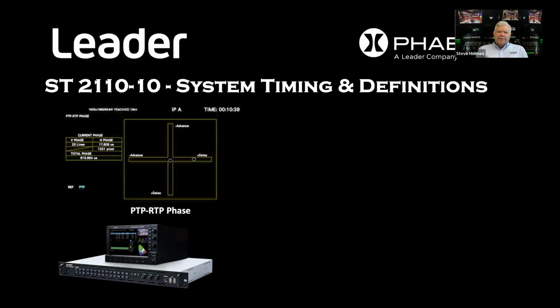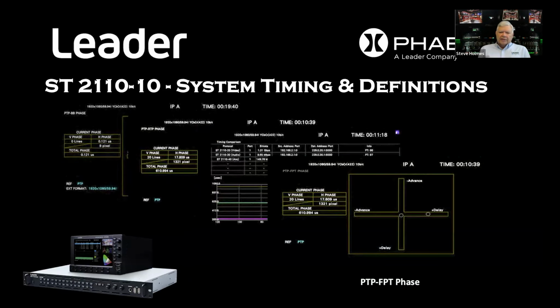So first packet time is the time, and we'll look at it in a little bit more detail, but that's reading the data into the buffer. Because IP has that little bit of wiggle of the packets, we actually have to buffer the data to be able to absorb that movement of the packets and have a clean output.